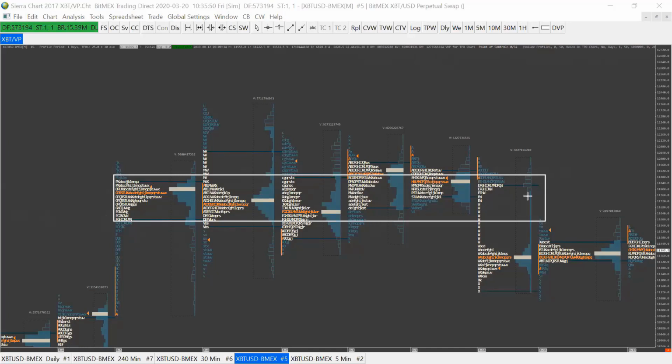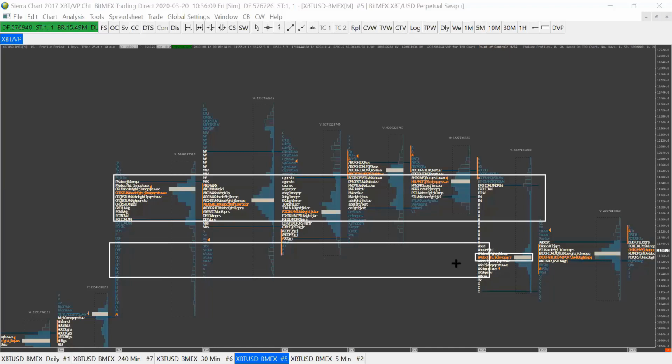On the 6th day, the point of control down here migrated outside of value. Okay, price is kind of quote unquote finding acceptance outside of value, down in these dark gray areas, okay, which were previously outside of value.